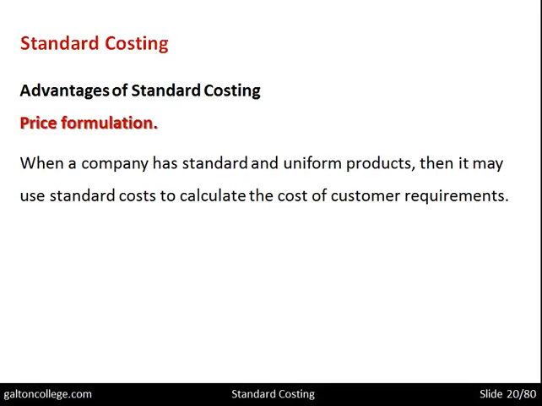If the products are relatively standard and uniform, if it's making essentially the same items over and over, then the standard costs of the product could be very finely worked out in advance. The estimates for costs could be worked out very finely in advance, and that would mean that the marketing personnel or the senior management of the business will be able to set the price for the product with a considerable degree of confidence.